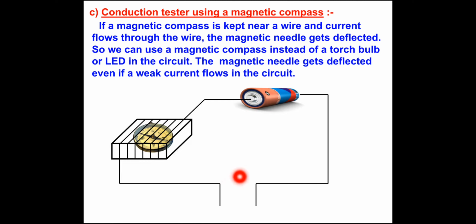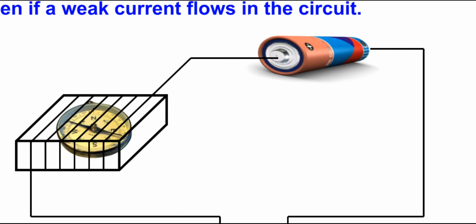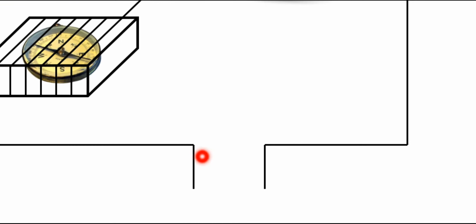We know that lemon juice is acidic in nature, and it helps to carry current. When these two ends are inserted in the lemon juice, we should take care that they do not touch each other. So when the electric current flows, the needle will show the deflection.